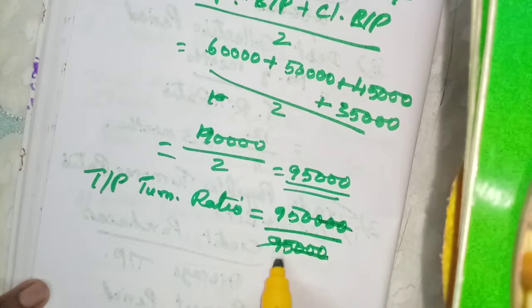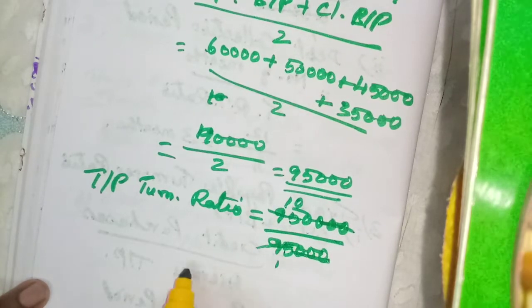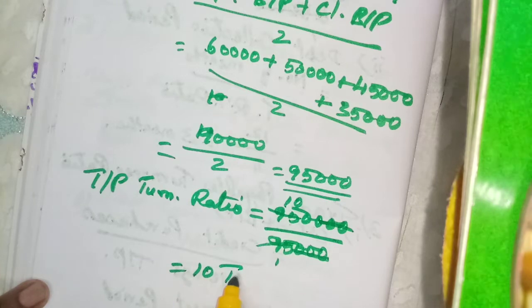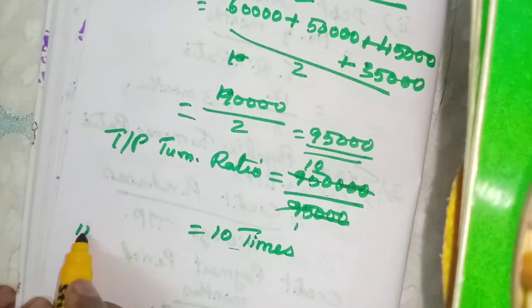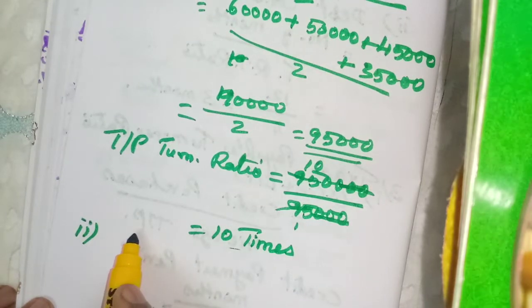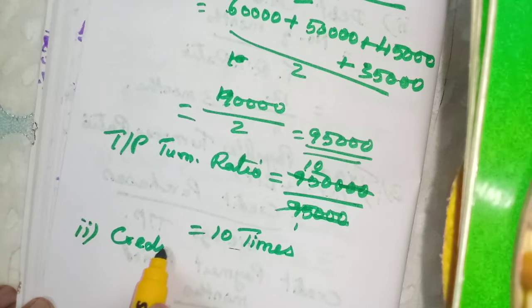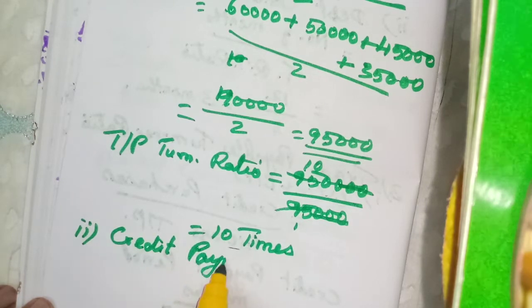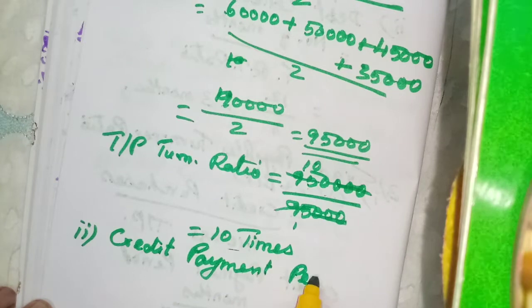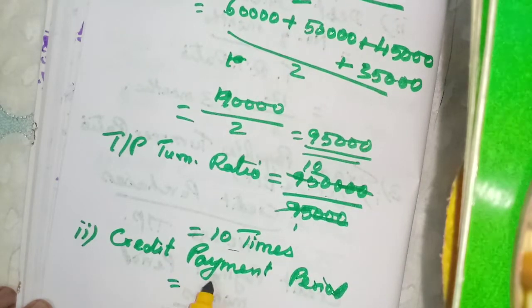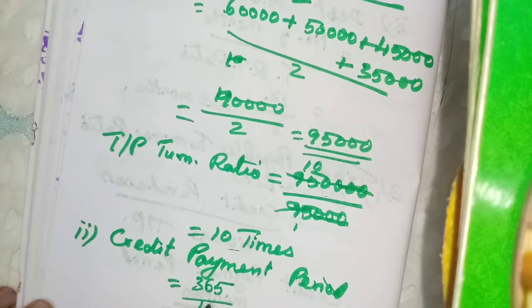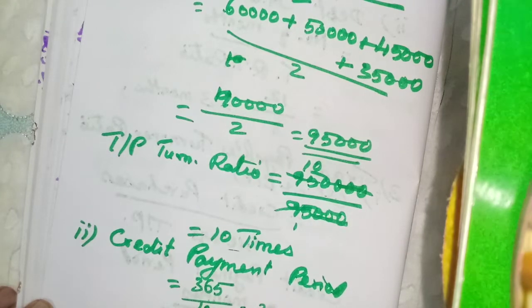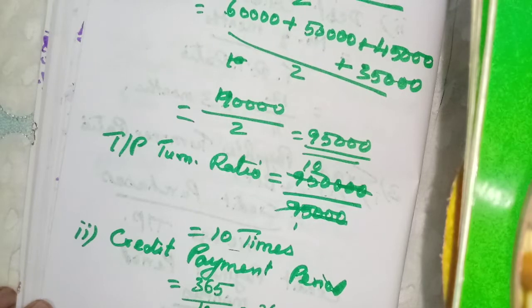So it is 10 times. Then what is the next part? Credit payment period is equal to the number of days in the year, 365, divided by 10. So how many days? 36.5 days.